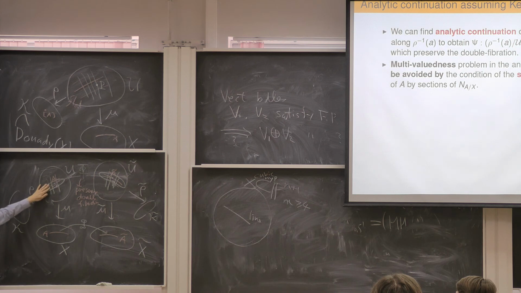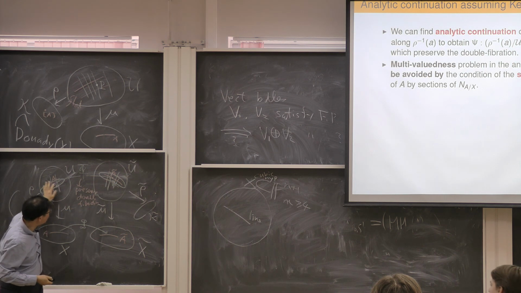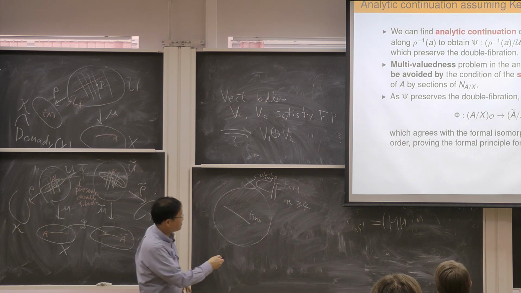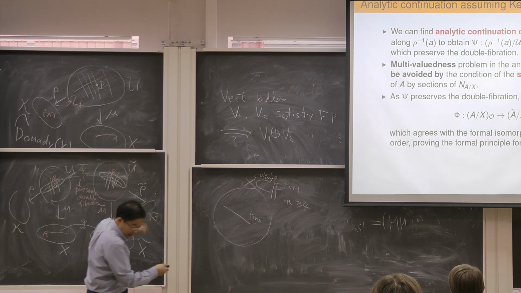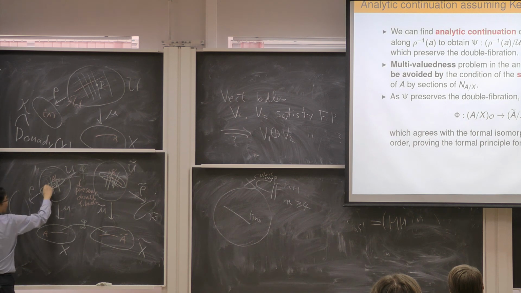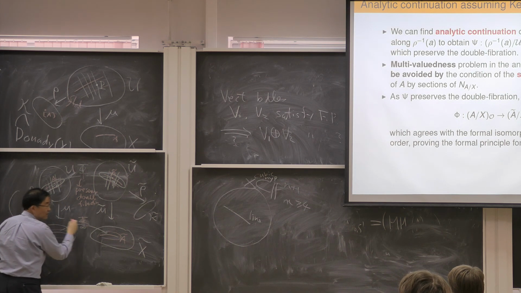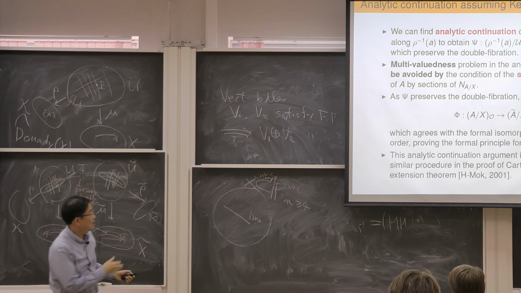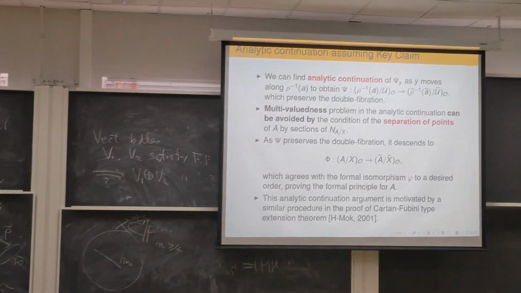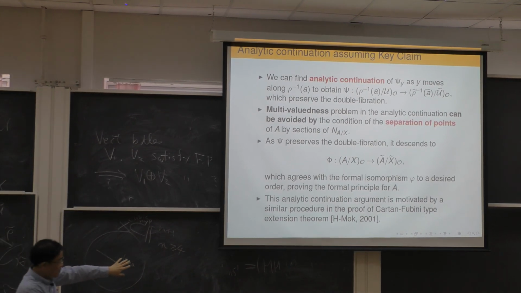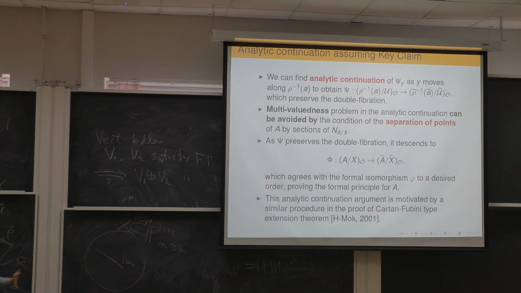So you can extend it to a neighborhood, as a map preserving the double fibration. Because it preserves the double fibration, it can be descended to obtain the map you want. This kind of analytic continuation is what I used in my work with Mok a long time ago, so it's inspired by that argument. So the key claim essentially implies the proof.